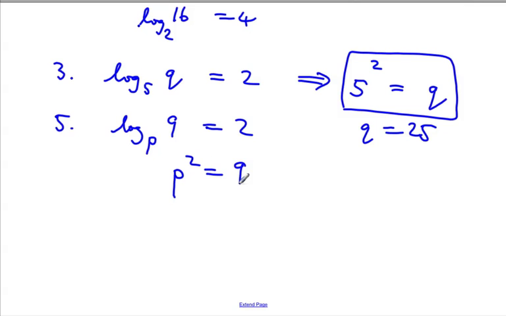Clearly, p is what? And we have to be careful, because can p be negative 3 as well? Can we have a base of a negative number? Answer, I would say yes, we can. Negative 3. Yeah, well, we have to have both.